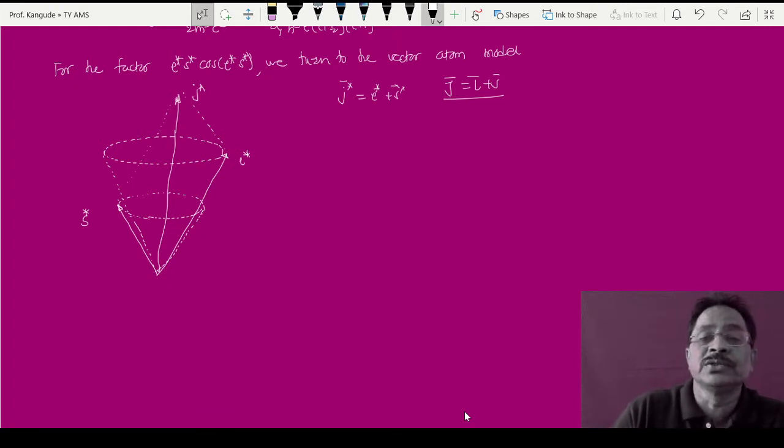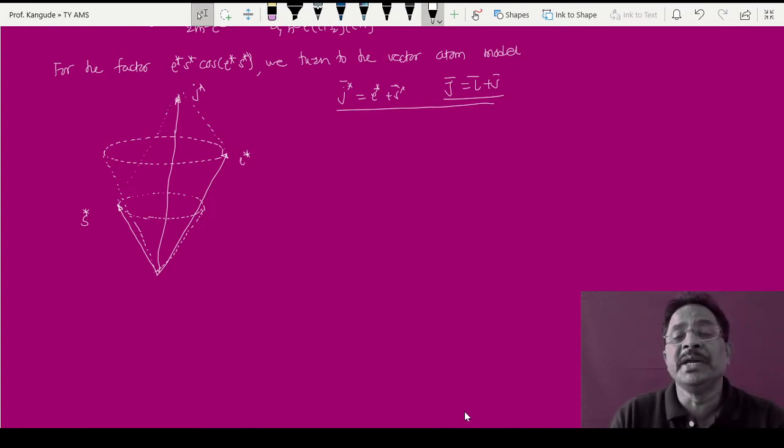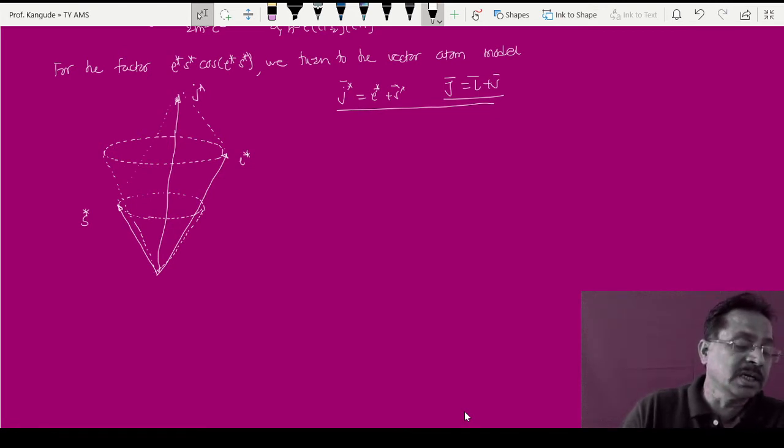So we are using this concept from quantum mechanics or the vector atom model, where the total angular momentum is equal to orbital angular momentum plus spin angular momentum. This is the vector atom model. We are taking this particular concept here.